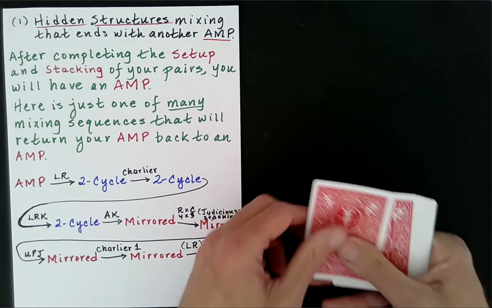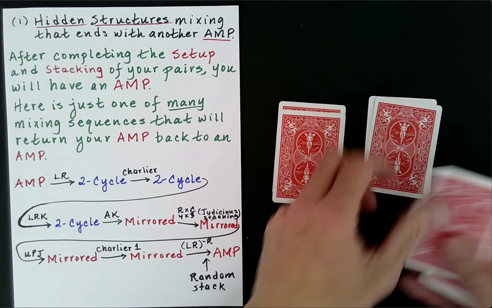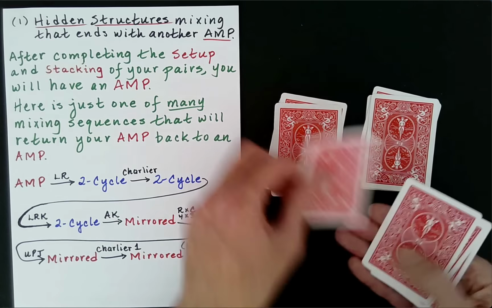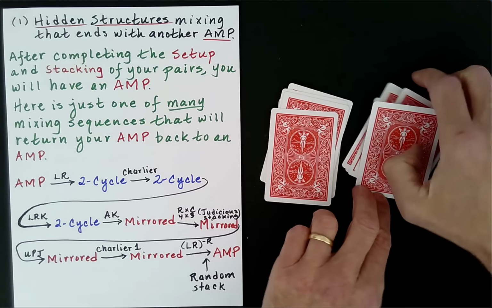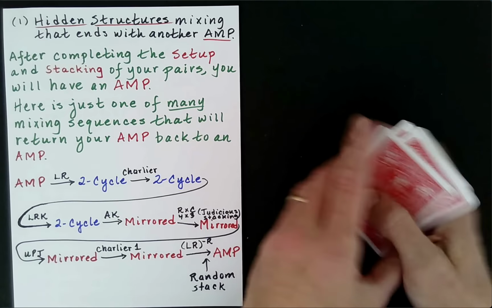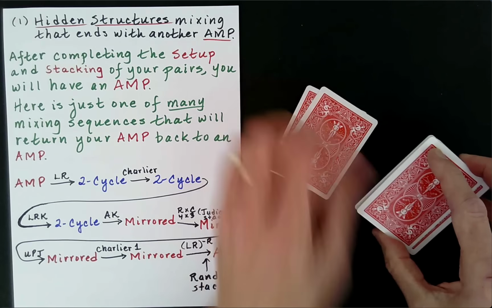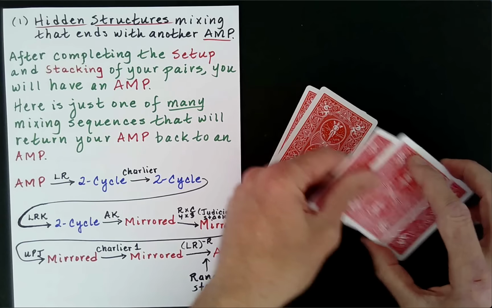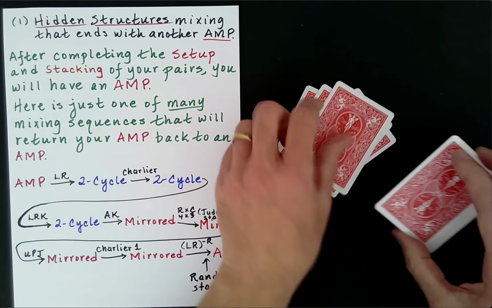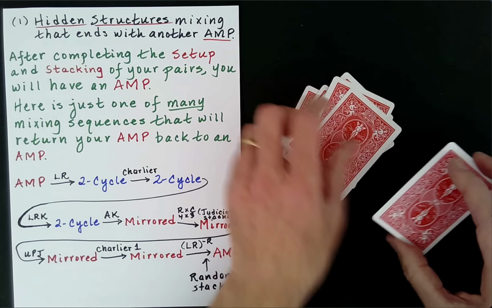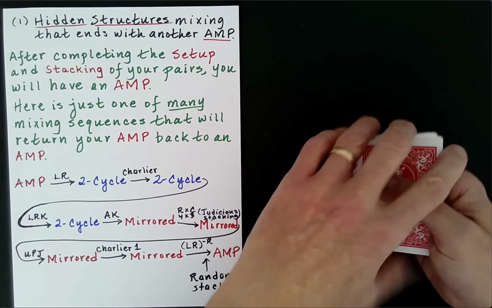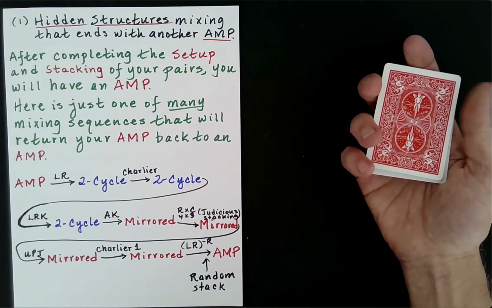Okay, so we can do left, right, with random stacking decided by the spectator, maybe right on left, it doesn't matter. Now, if you follow it up with a Klondike, it remains a 2 cycle. Okay, so that is a very, very nice automorphism on 2 cycles.